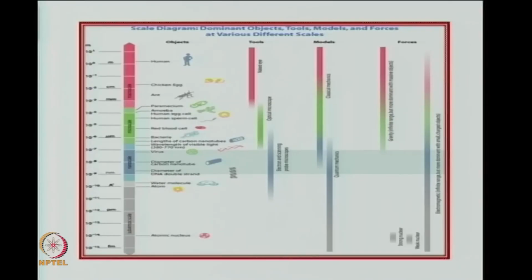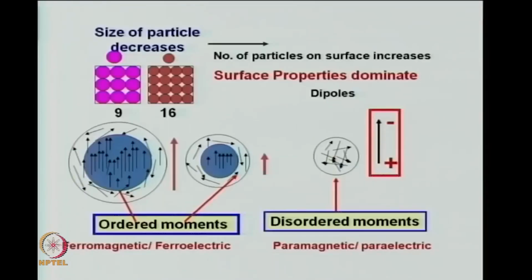So, we see a small region in this entire length scale where you will have objects having the nano dimension, like the DNA strand, the carbon nanotubes and the viruses. Since some of these biomolecules are falling in the nano dimension, hence the subject of nanotechnology is equally important to chemistry, physics and biology.